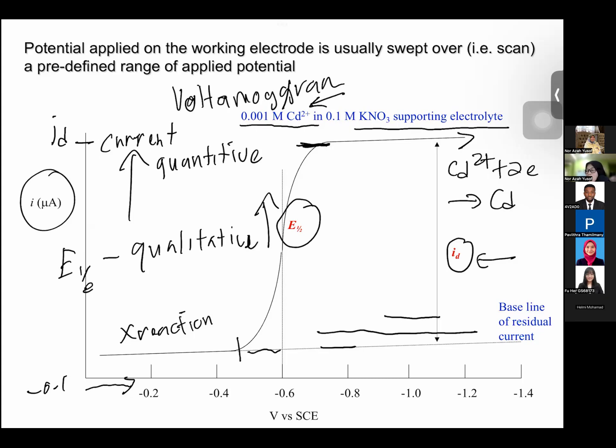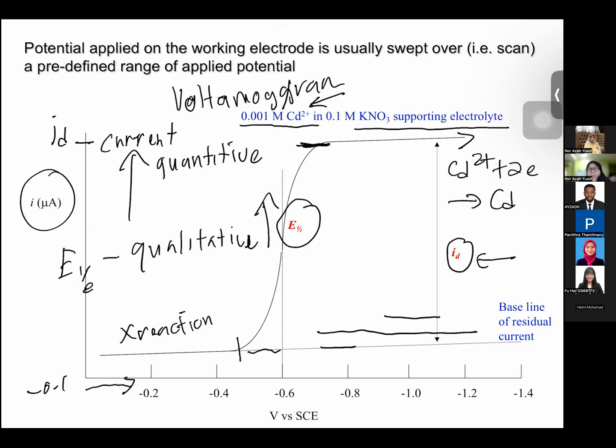It's not accurate like GCMS. It's not accurate like HPLC, but it can give some indication. For example, this is the half potential for cadmium. This is the half potential for potassium. This is the half potential for lead, for example. It's not that accurate, but it can give some information.